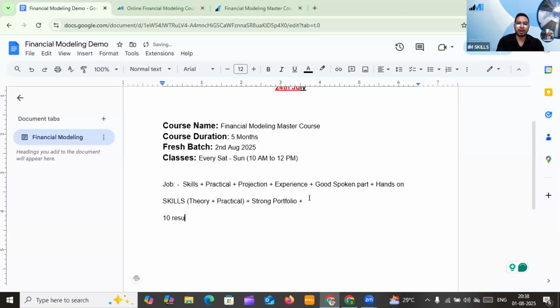Now, the biggest problem in the Indian market is that once you are done with the course, clearing an interview is not the challenging part. First of all, getting your name shortlisted for an interview is the most important part of the overall placement cycle whenever you apply for a job. So for getting your profile shortlisted, what is required? A strong portfolio plus a good resume. Why? Because when I am looking at your resume, I am not talking to you.